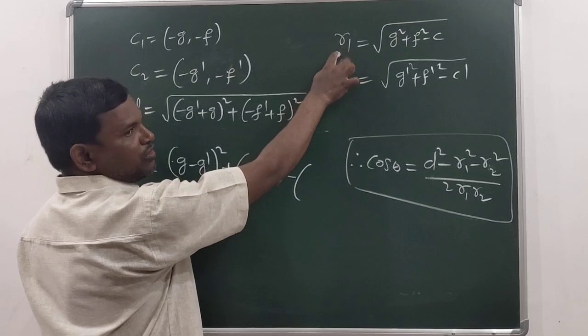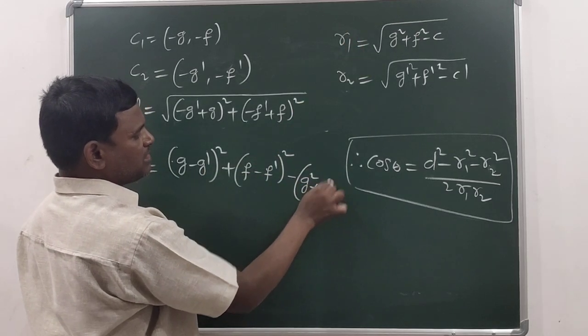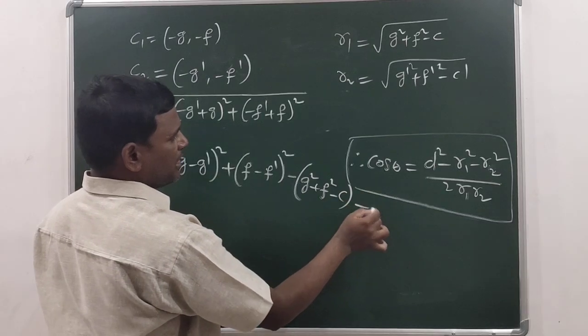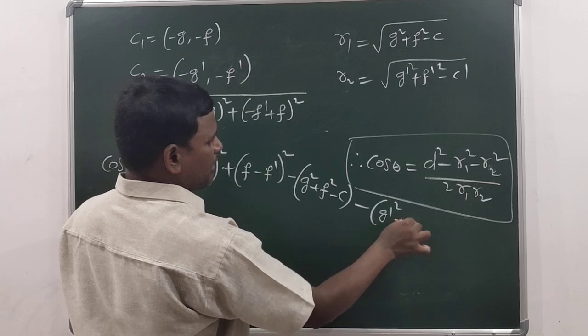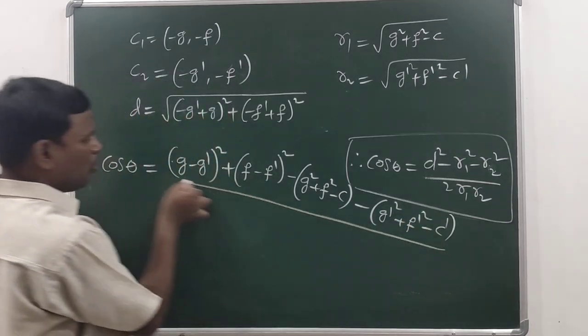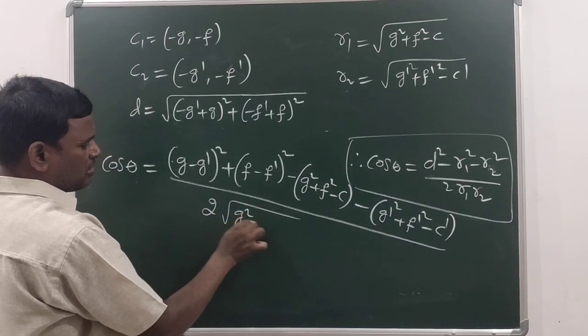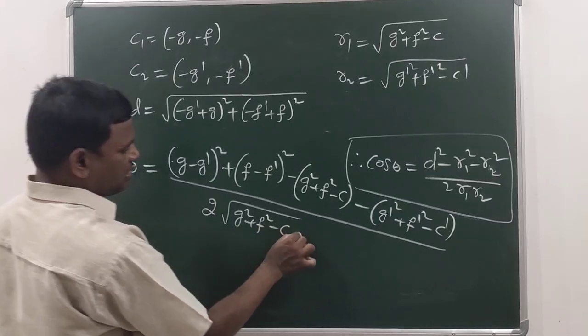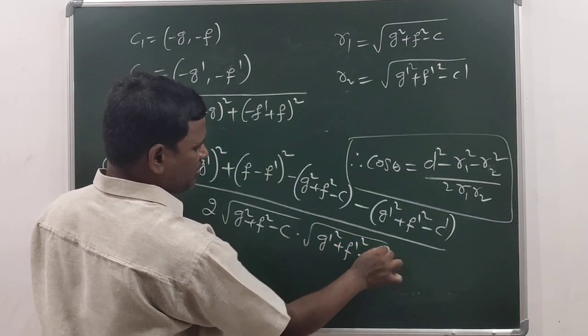What is r1? This one, no? Now whose square is g square plus f square minus c, minus r2 square, g dash square plus f dash square minus c dash, whole by 2r1 r2, root of g square plus f square minus c into root of g dash square plus f dash square minus c dash.